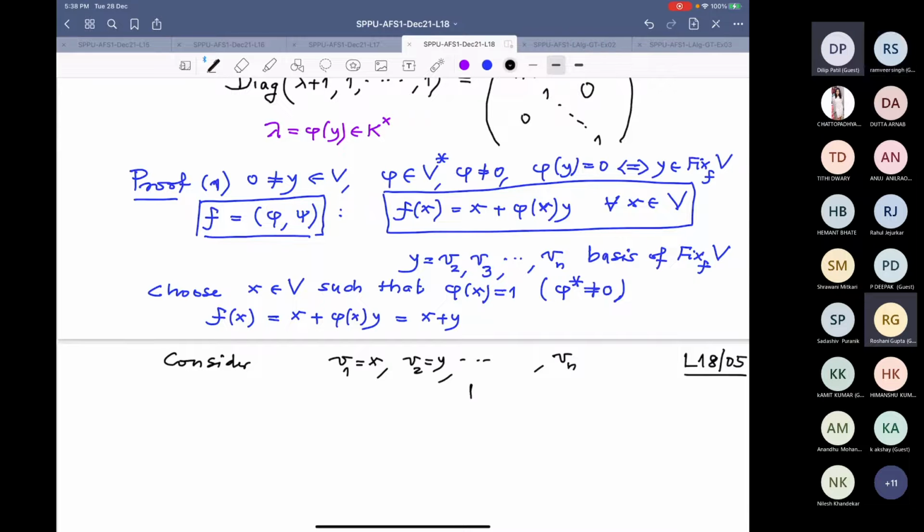I say this is a basis of V. Is that clear? Because of f of x, what can happen? I want to show that x along with y is linearly independent. Yes or no?